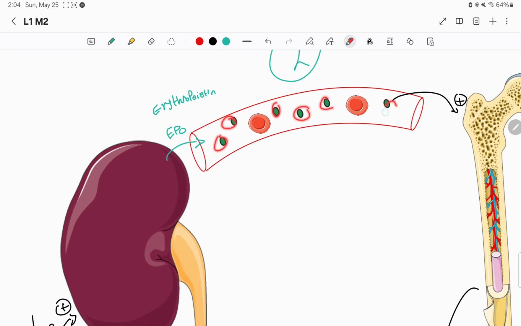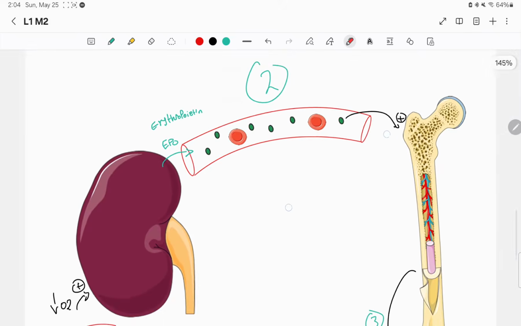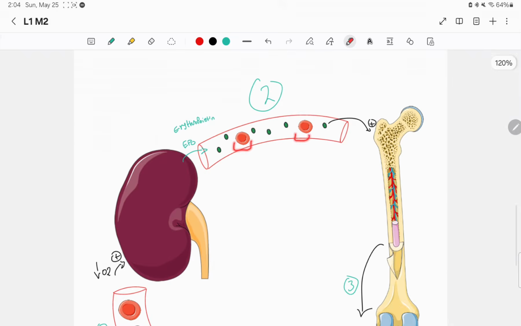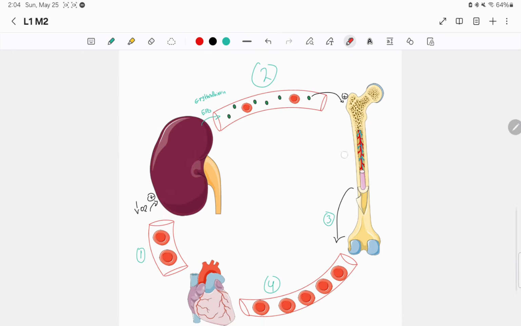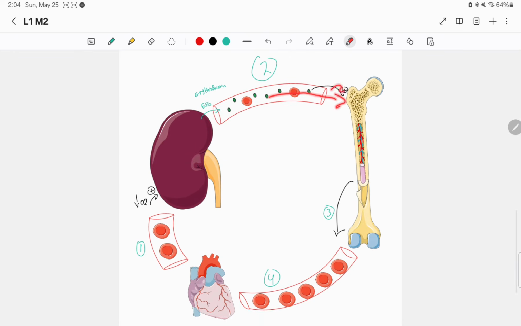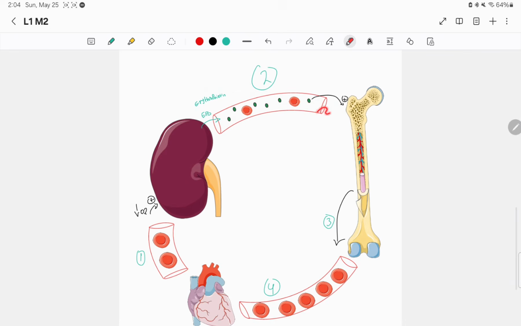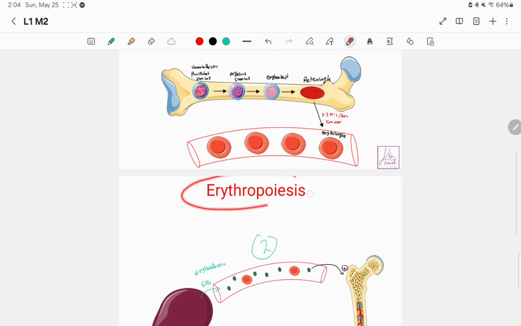Now notice, there's a lot of erythropoietin in the blood right now, but there are still those 2 red blood cells that came through this kidney and then passed through that kidney, okay? So these guys will continue until they reach the red bone marrow. This erythropoietin, this hormone, it'll stimulate the process of erythropoiesis.